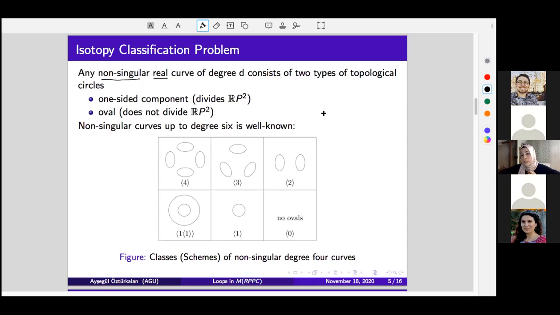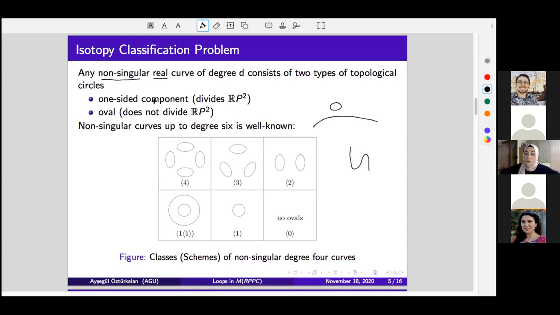For example, if you think about a degree 3 curve, you have a component like that and an oval, or it becomes just a one-sided component. This is a one-sided component and this is an oval. So a degree 3 curve is either like that or like that.